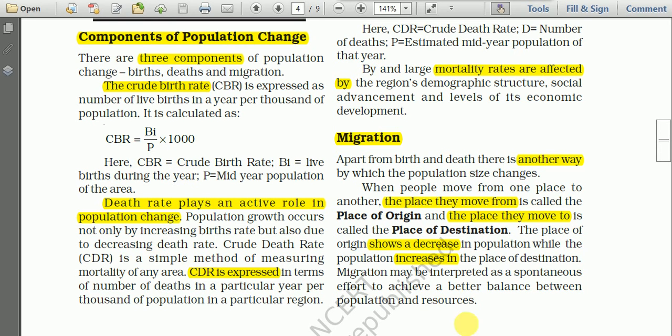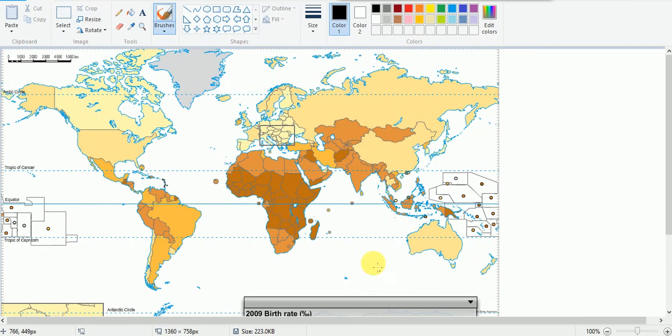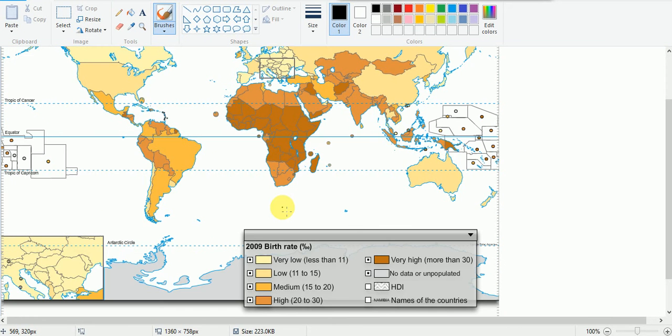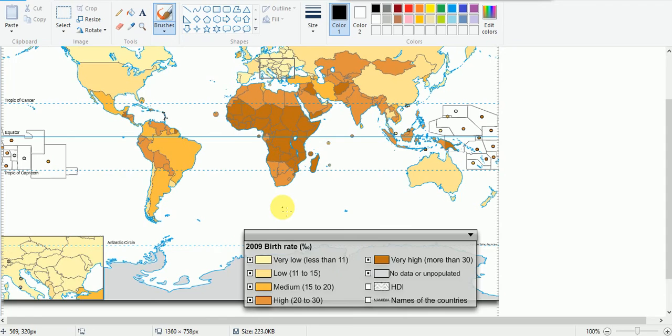And here we have a world map showing the birth rate. It shows the distribution pattern of birth rate in the world for the year 2009. See the color codes.